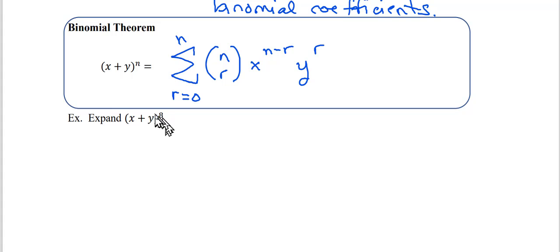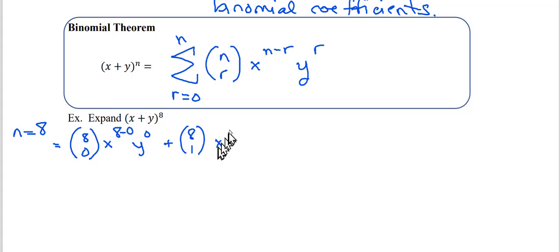Okay, let's start with this. In this situation, n is 8, right? Let's start with r equaling 0. It is going to be 8 choose 0, x to the 8 minus 0, y to the 0. Plus, that's what the sigma tells us, 8 choose 1, x to the 8 minus 1, y to the 1, because now we're on r equals 1.